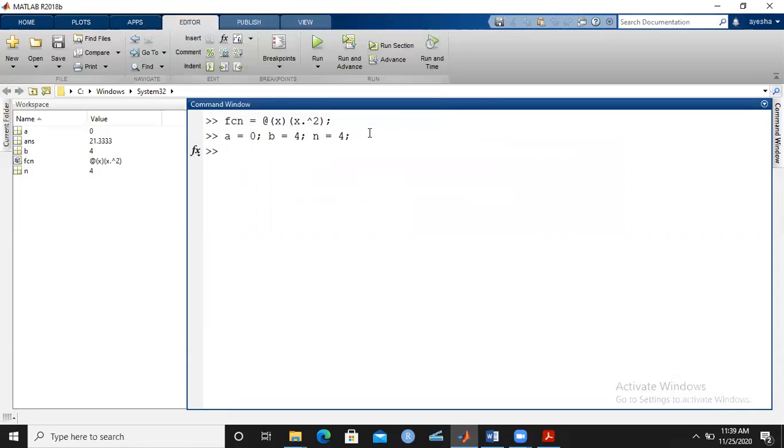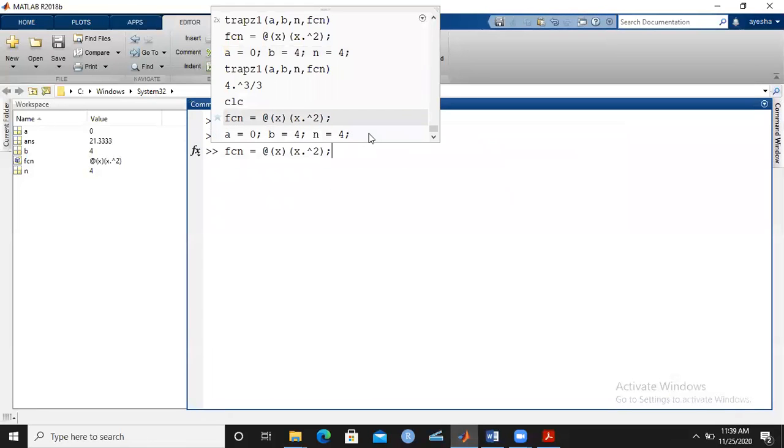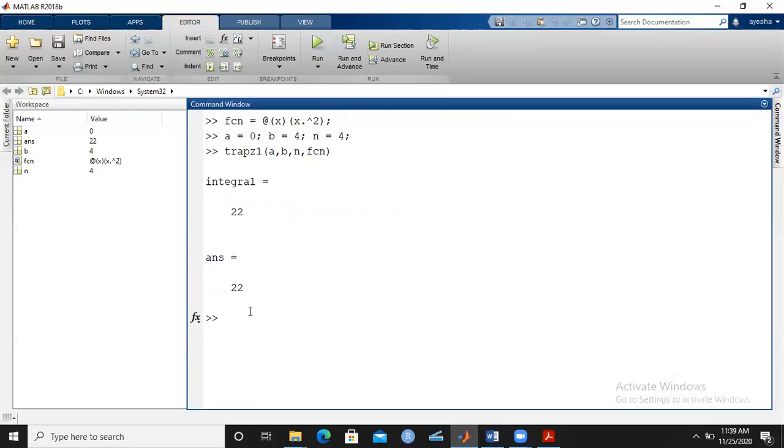Now I will apply the trapezoidal rule. The inputs are lower limit of the integral, upper limit of the integral, number of patches, and the function. You can see the numerical answer is 22. We want to find the analytic answer.